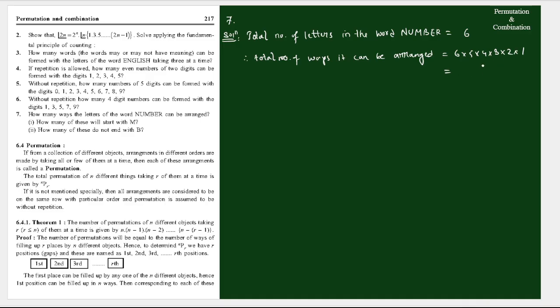So multiply. 5 4 is 20, 30 into 4 is 120, 3 2 is 6, 120 into 6 is 720.